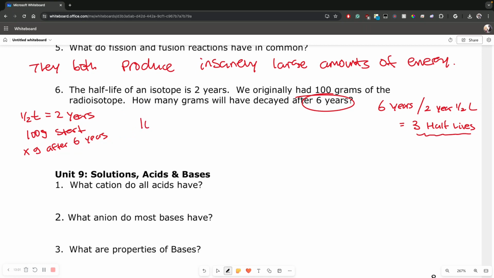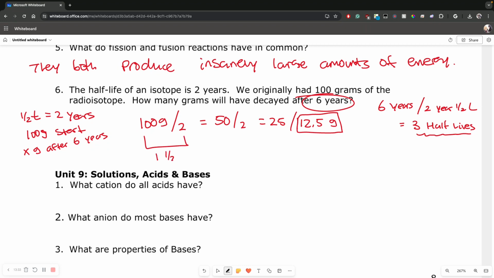So in order to do this, we take 100 grams and divide it by 2, 3 times. That's what half-life means. You have half of what you started with, except we're doing that 3 times because we have 3 half-lives. 100 divided by 2 is 50. Divided by 2, that's our second half-life, 25. Divide that by 2, that's our third half-life. We're going to have 12.5 grams of radioisotope. That is our final answer.